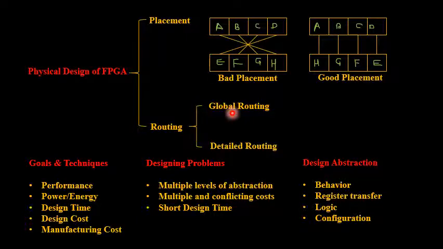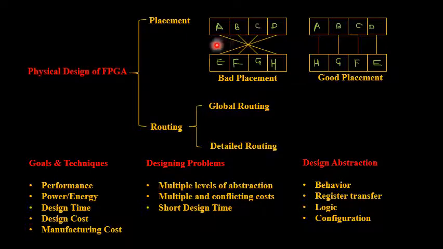One problem is that it may not be routable because there is no space available to make the connection. Suppose you place two distinct blocks too close, there may not be enough space available in the channel to run a net in between the two. The second problem is that it may take a path that incurs too much delay.